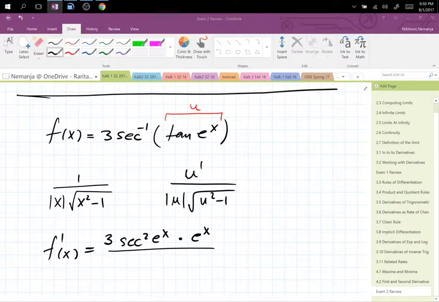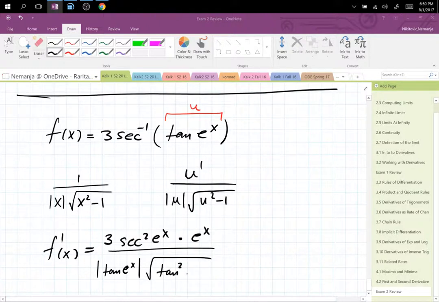On the bottom we have the absolute value of tangent e to the x times the square root of tangent squared e to the x minus 1.